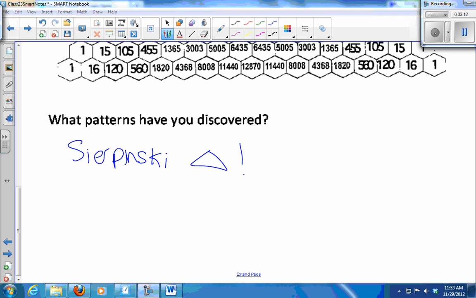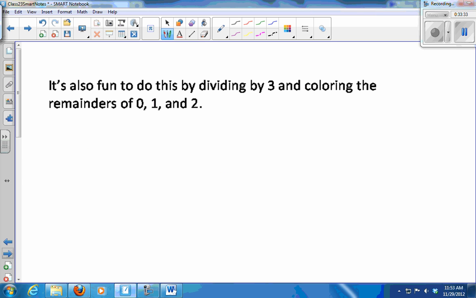So it's related to the chaos game. It's in nature. And we see it in Pascal's triangle, which also has like a million other patterns. And we see it related to division and remainders of division. And it's also fun to do this for any other number that you divide by.